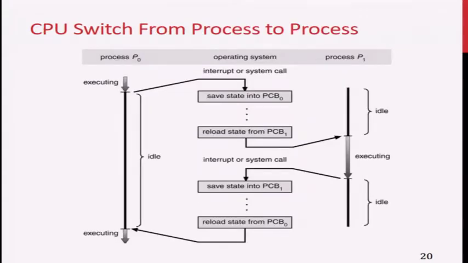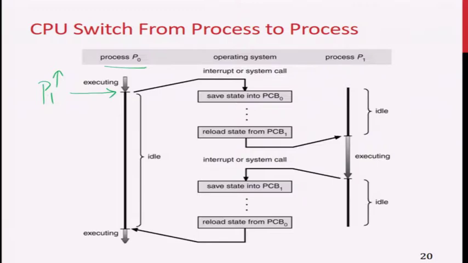Basically, what happens in a context switch: if I'm currently executing process 0, P0, in the executing state, and at this point P1 wants to take over, P1 being a higher priority task, then the scheduler must come in to do this context switch for me. So what is a context switch? It means the current process P0 must be suspended, and the new process P1 must be able to take over.